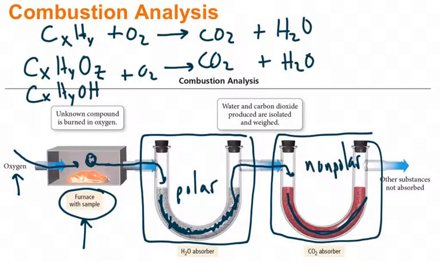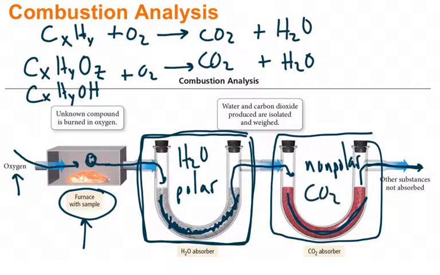If there are any other gases, let's say oxygen or nitrogen, that are not absorbed in these two compartments, they can be collected as they go through. The key is that this compartment will give us all of the water absorbed, and we can weigh this as a mass, and this compartment will give us all the CO2.